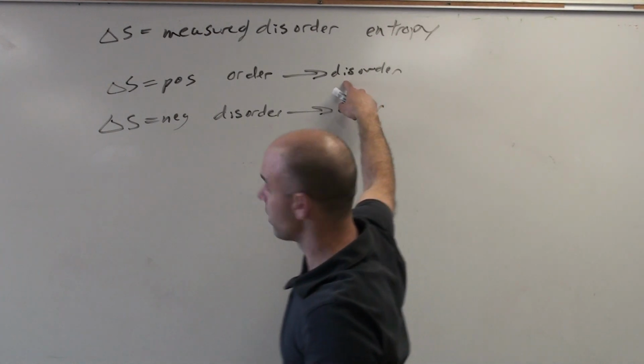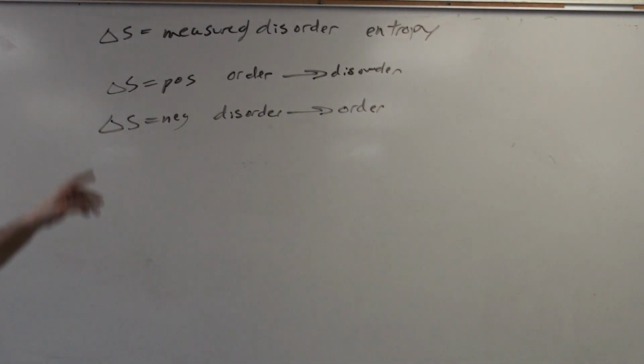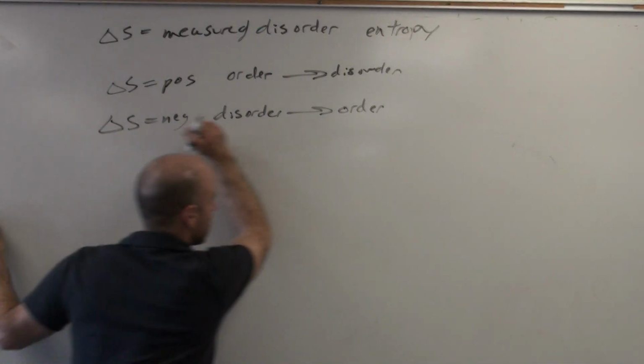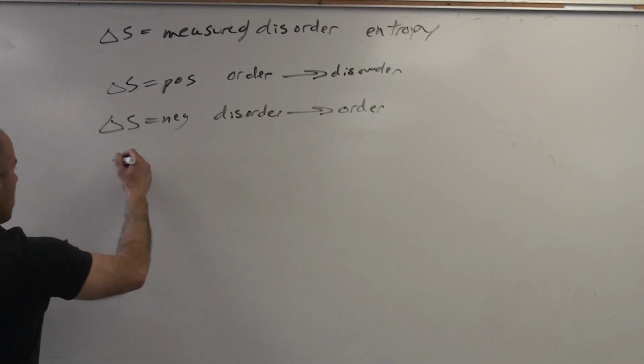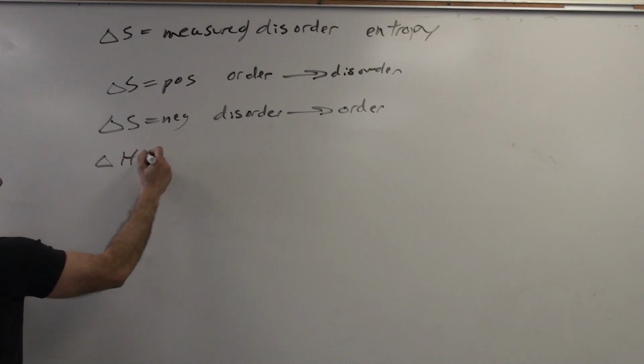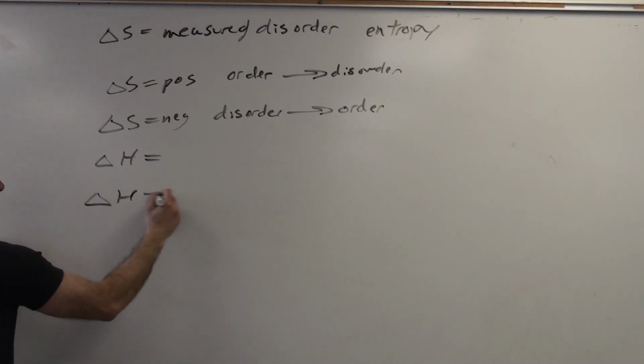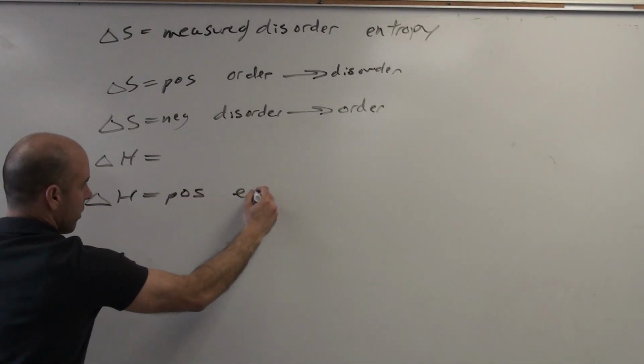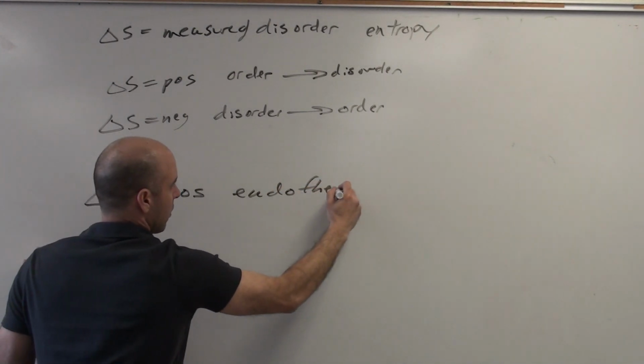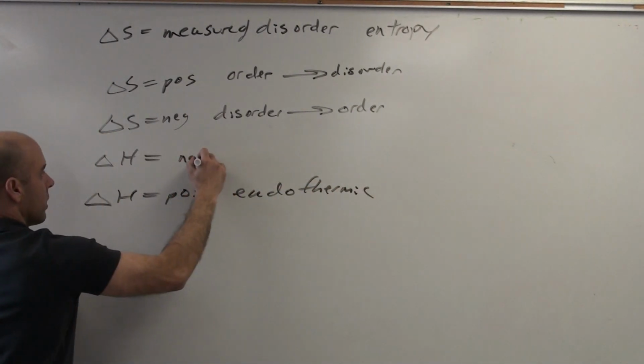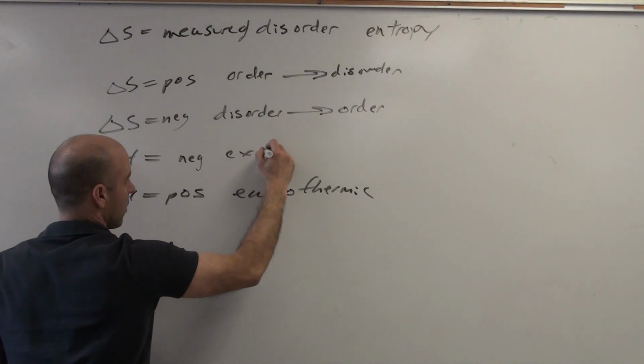So positive delta S, that's a good thing. Negative delta S, that's a bad thing. Positive delta H means you're endothermic. Negative delta H means you're exothermic.